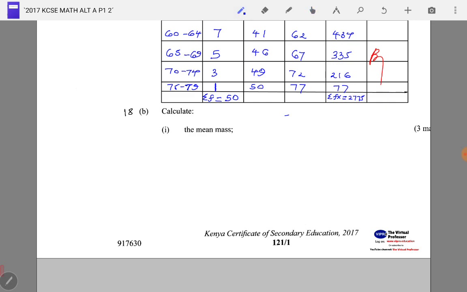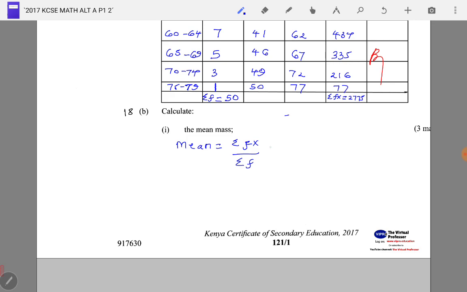In statistics, the mean of a given set of data is given by the formula mean is equal to sigma fx over sigma f, where sigma fx stands for the sum of the column of fx and sigma f stands for the sum of the column of frequency.